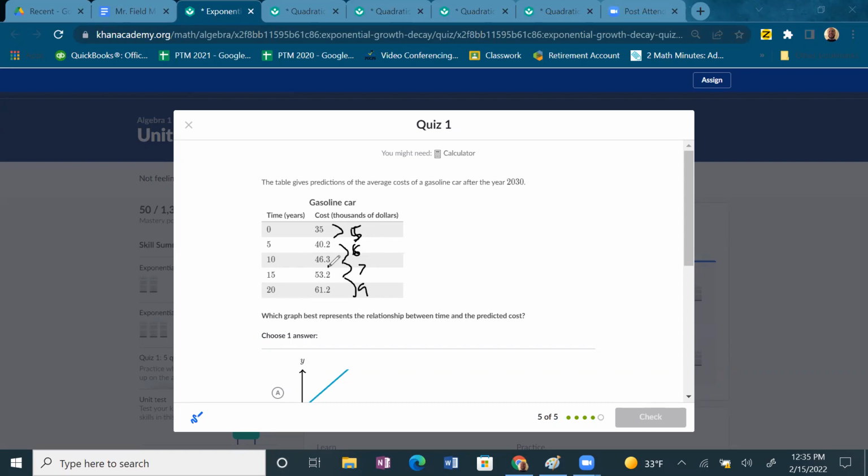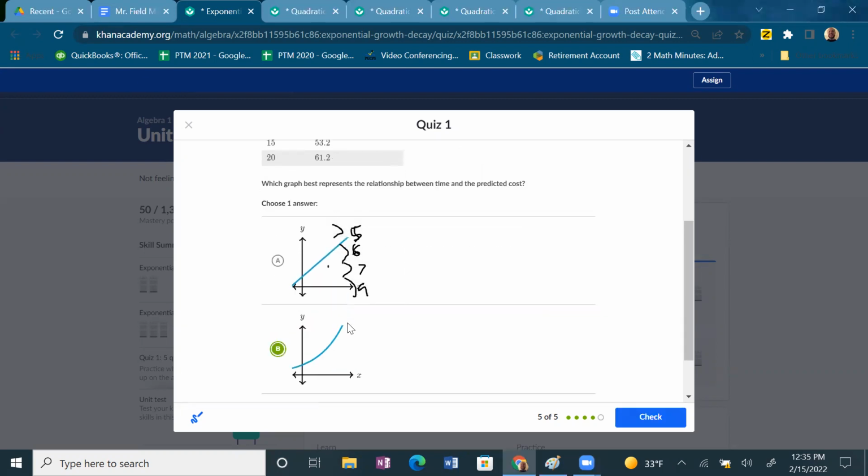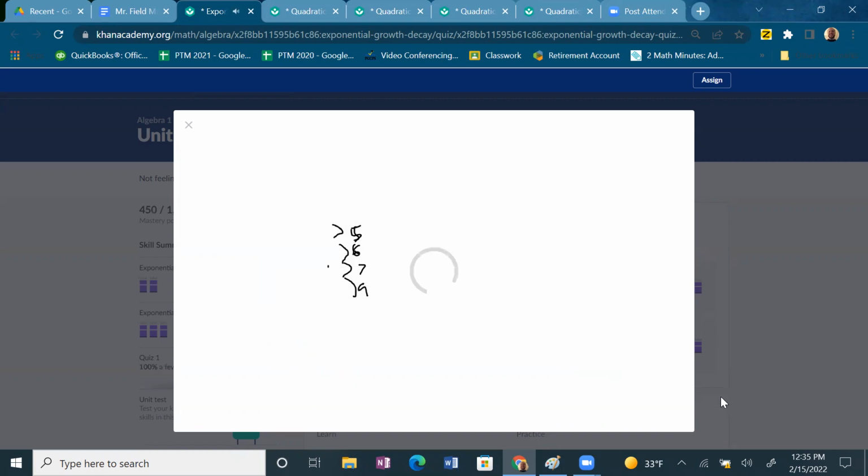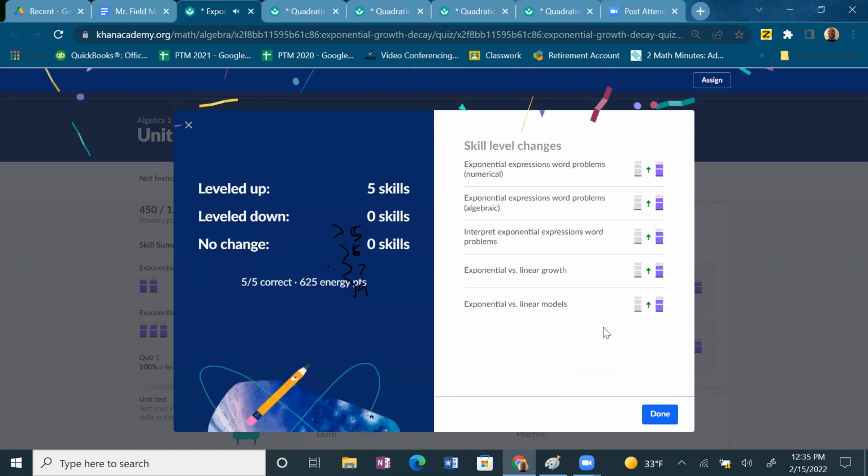Well, it keeps increasing more and more. So even though it doesn't increase that much more each time, it does increase more and more each time, 5, 6, 7, and 9. I think I just got them.